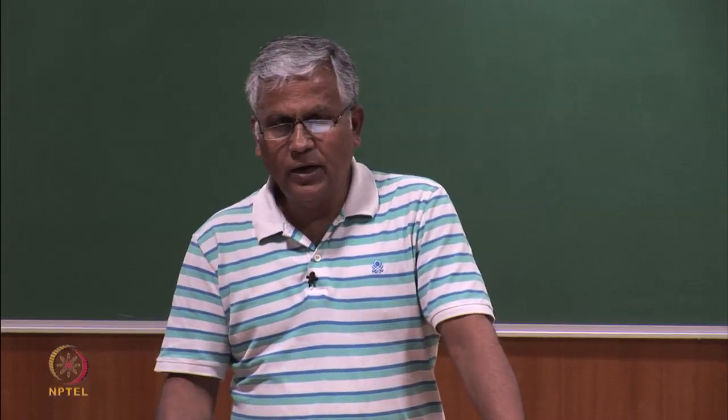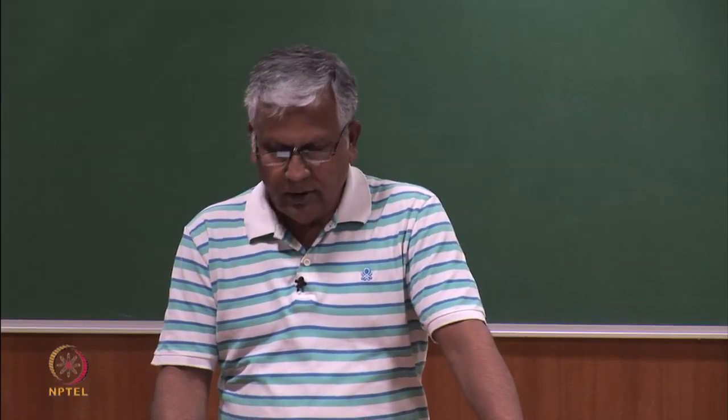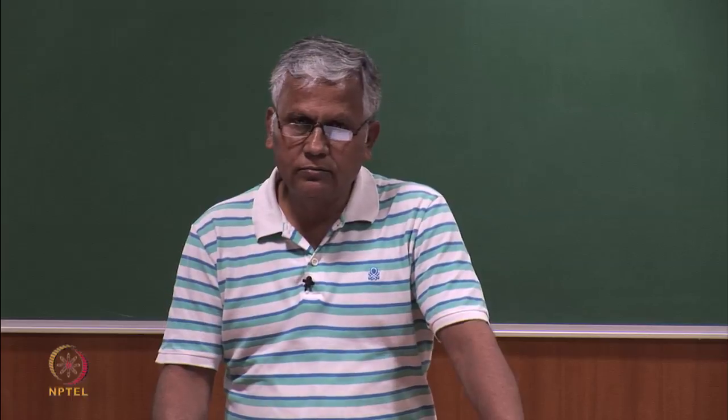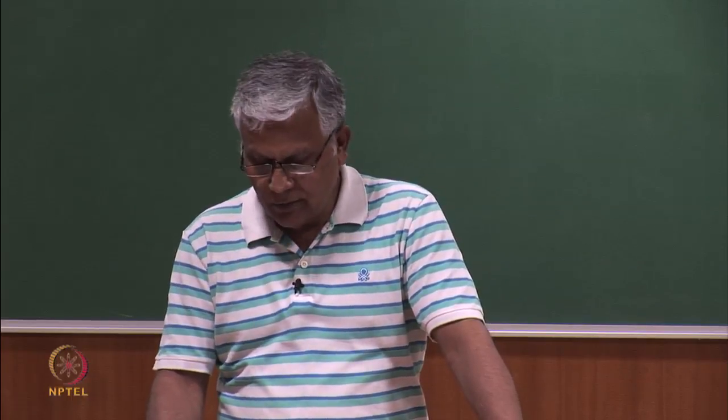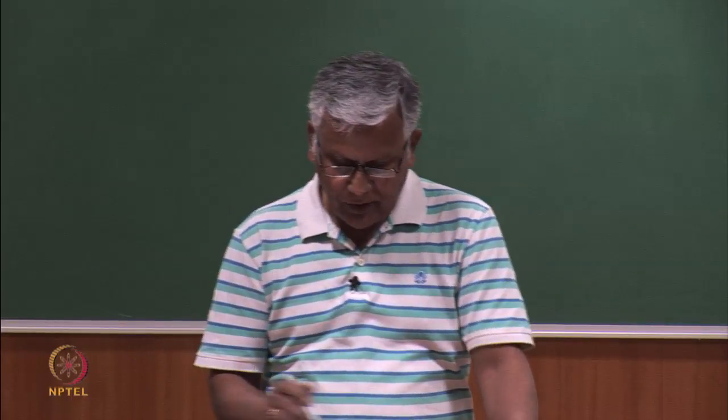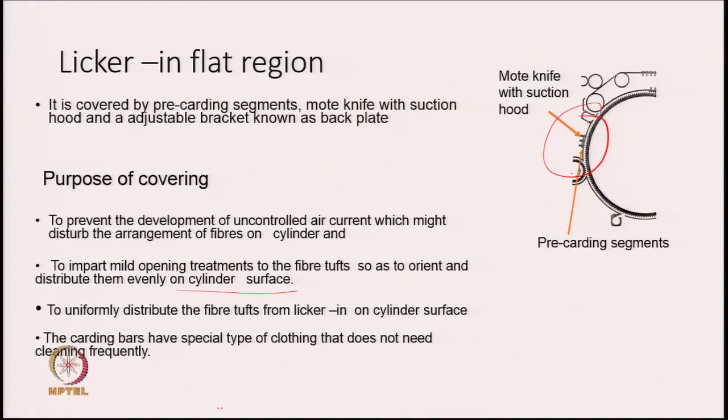The cleaning is required when you process cotton, but when you do not process cotton, then cleaning is not really important, but uniform distribution of the tufts from the licker-in onto the cylinder surface is important, and hence we must have some carding bars there, pre-carding bars.